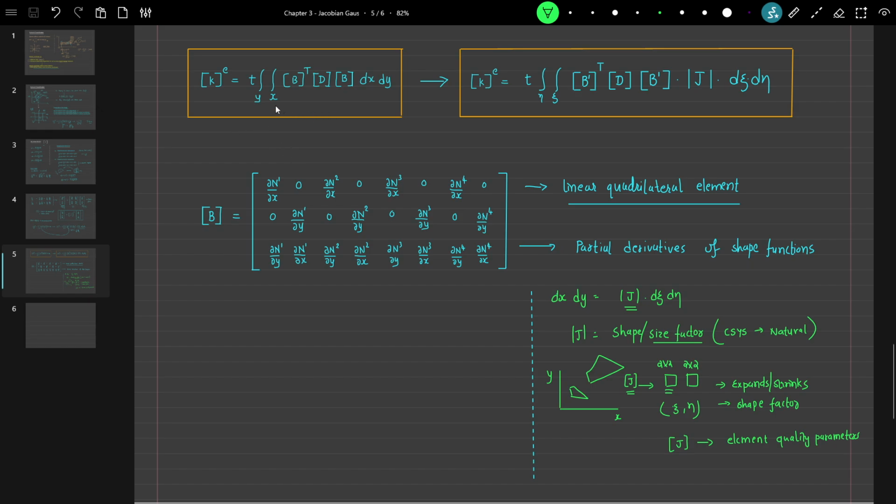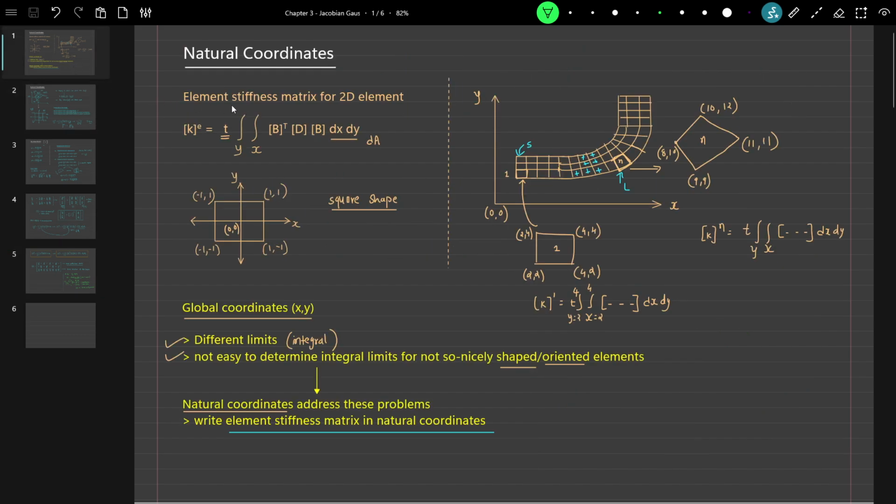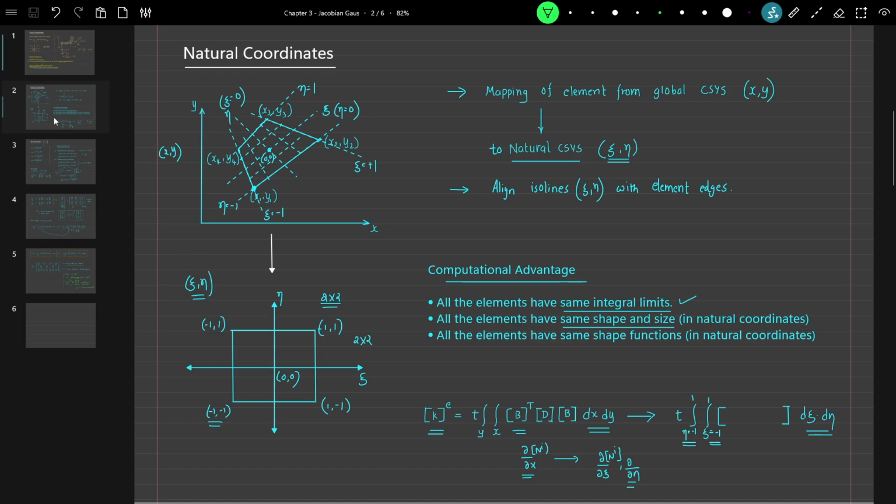So with that, I hope it is clear what the purpose of the Jacobian and natural coordinates is. Let's recap quickly. We use natural coordinates because with global coordinates we have issues with double integral limits, and with natural coordinates all the elements have the same integral limits, ζ equal to -1 to 1 and η equal to -1 to 1.